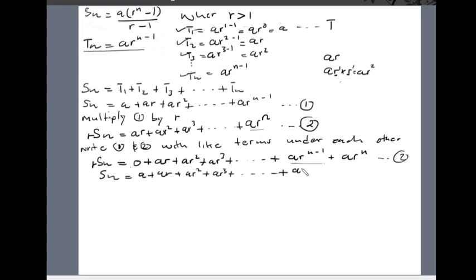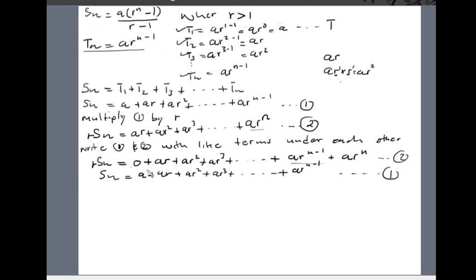So I will have ar to the power n minus 1, right? So now okay, this is equation 1 still, right? So now I have rewritten equation 2 and equation 1 with the like terms of equation 1 under the like terms of equation 2, right? So I have ar, I have ar squared, I have ar cubed, I have ar n minus 1.